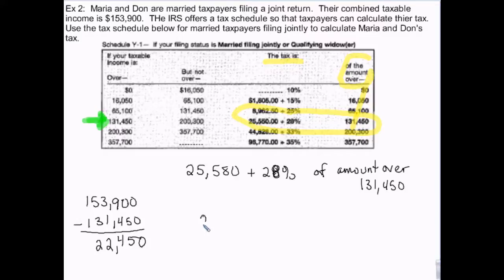So we're going to do 25,580 plus 0.28 for our 28% of 22,450.